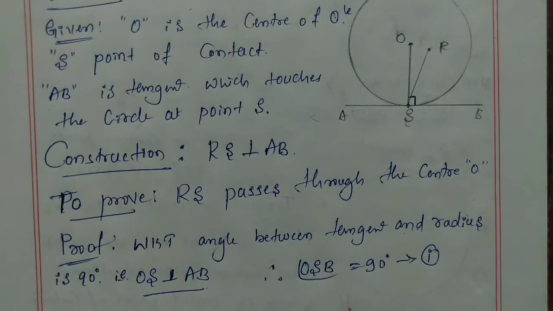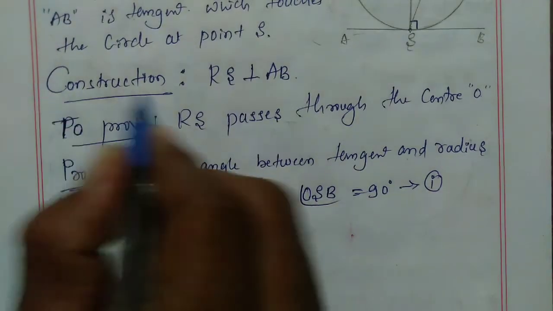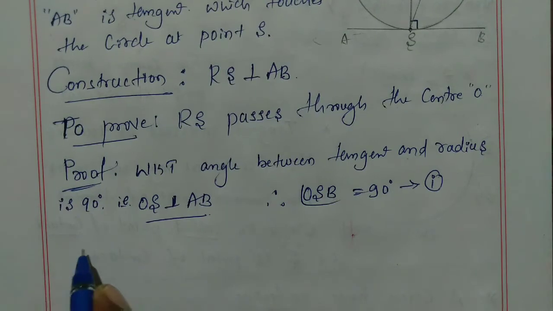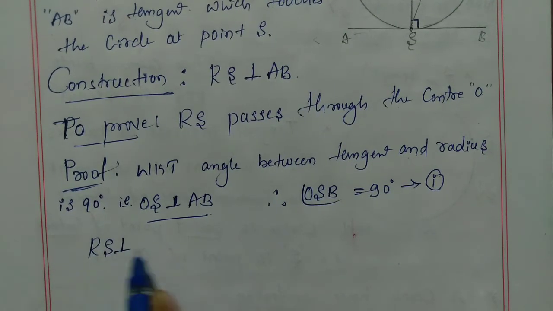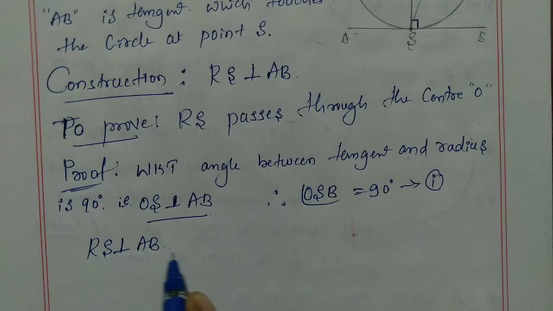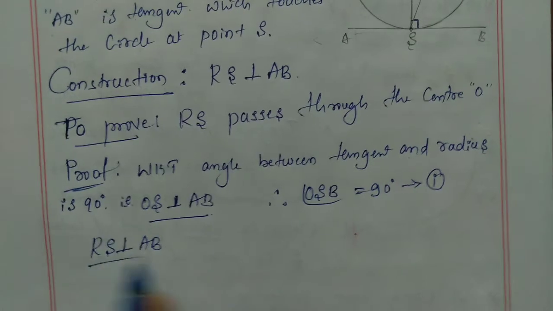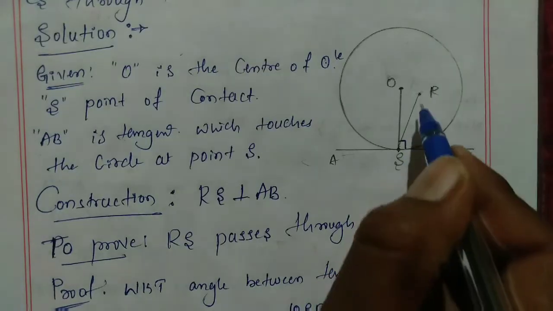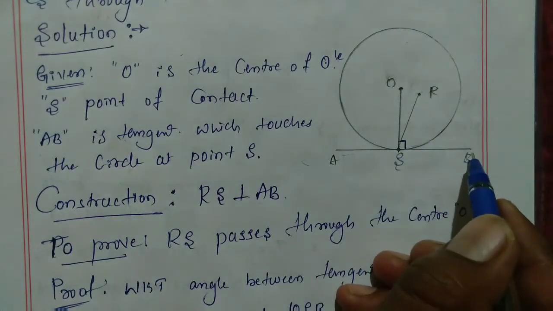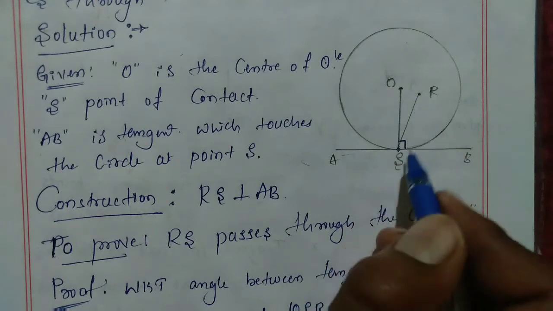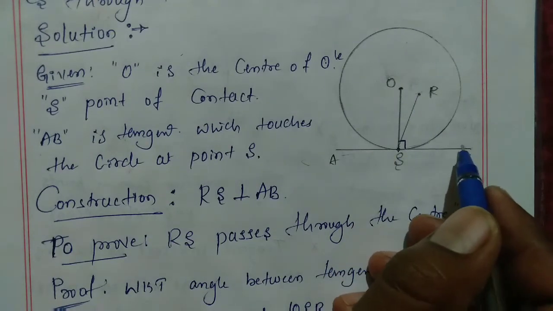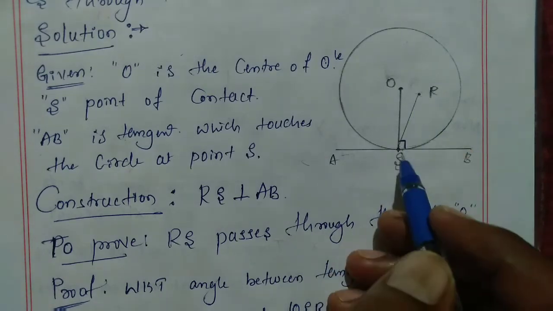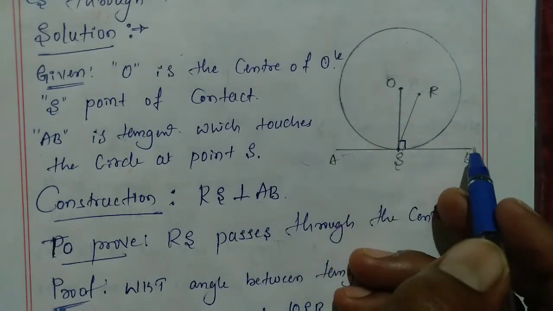Next, I will go to our assumption or construction. What we have assumed here is RS is perpendicular to AB. If RS is perpendicular to AB, it means angle RSB is also 90 degrees, because we assumed RS is perpendicular to AB.